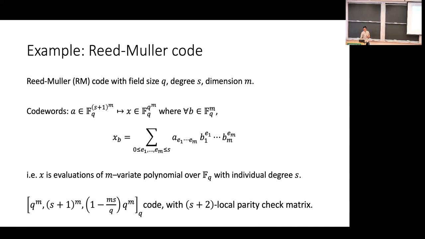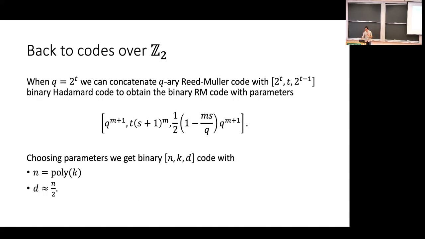That's Reed-Muller. When you're doing this, you pick an S and then you pick the T to be very large. There are different regimes. S can also grow, but it grows as a slower function. Basically, you take the Reed-Muller code that I just described.